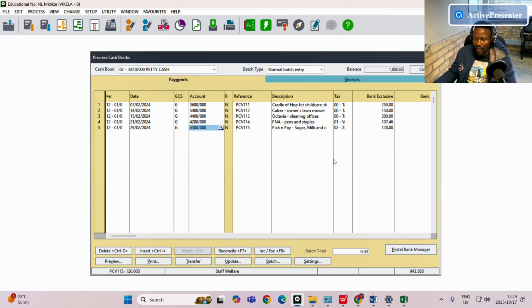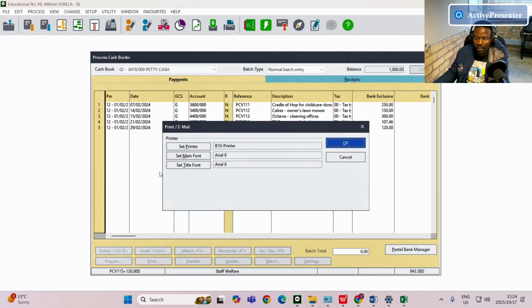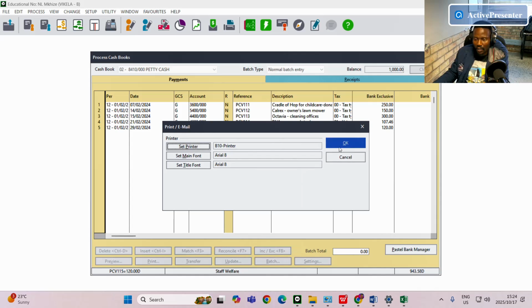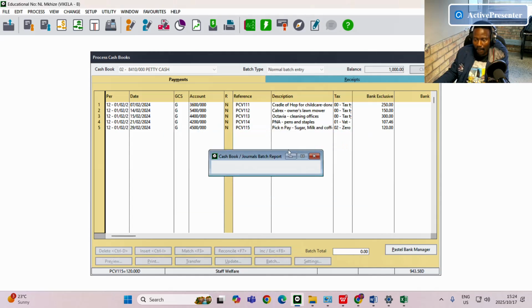So yeah, I can now print with contrast. Okay, I'll actually create a folder called Vikela.